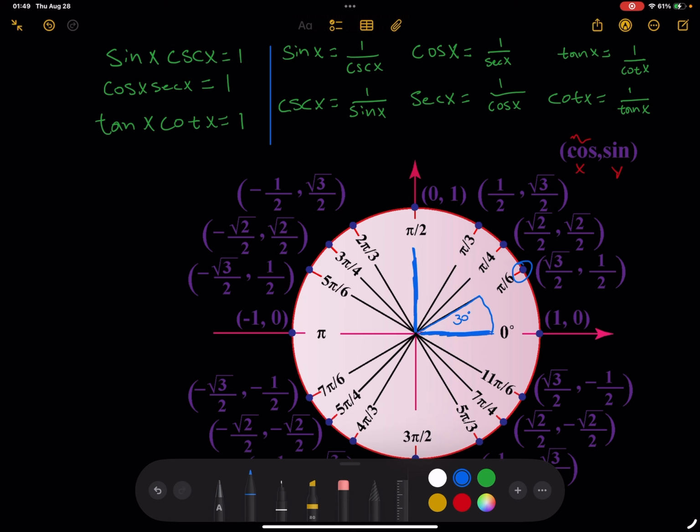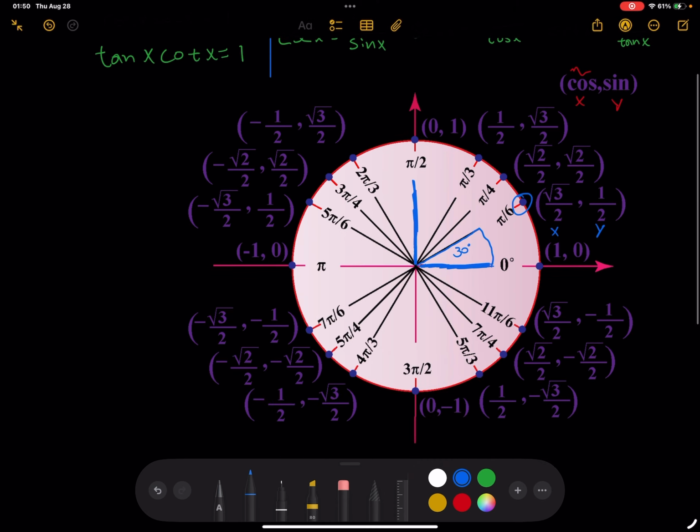So when I ask, hey, look for sine at 30 degrees, what is that? Well, we have these two numbers to look at right here. The y, which is your sine, is your 1/2, and then the cosine is your radical 3 over 2.